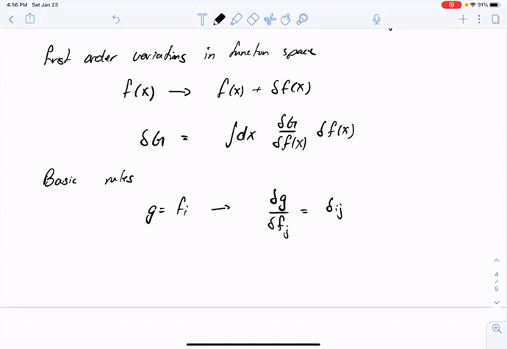And as it is a linear function of that component, I get back a Kronecker delta.